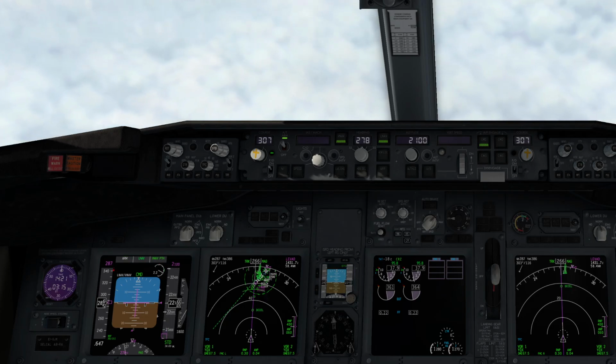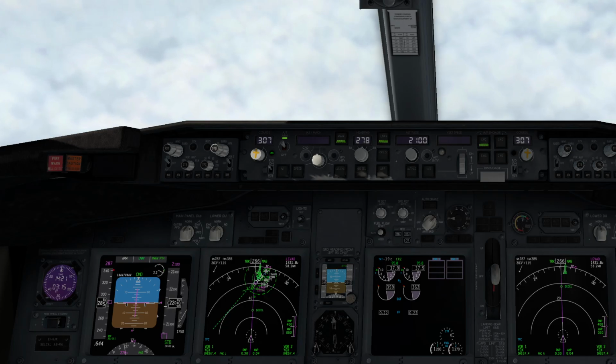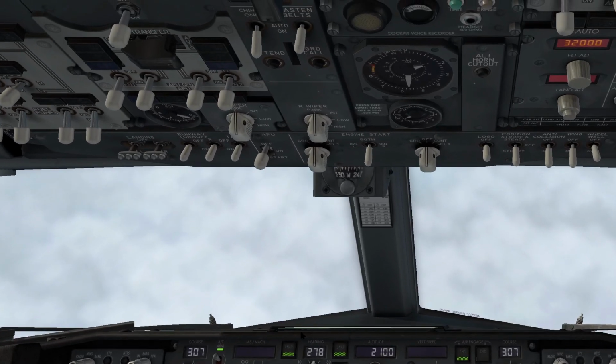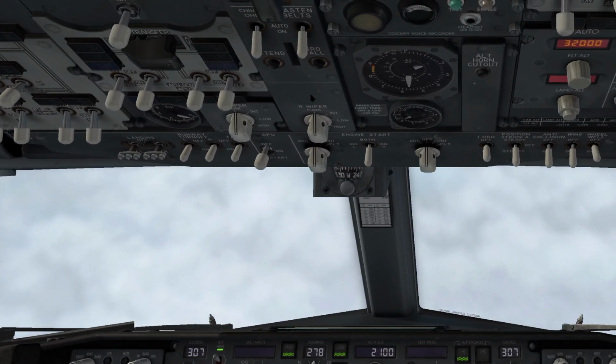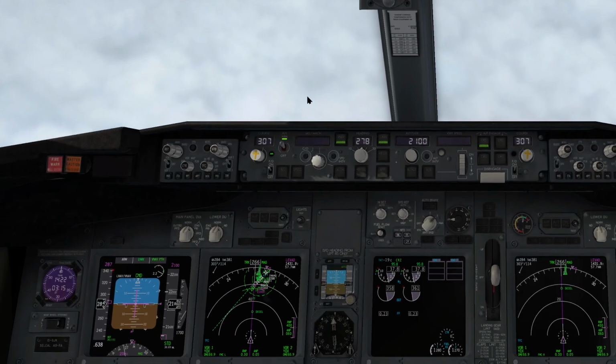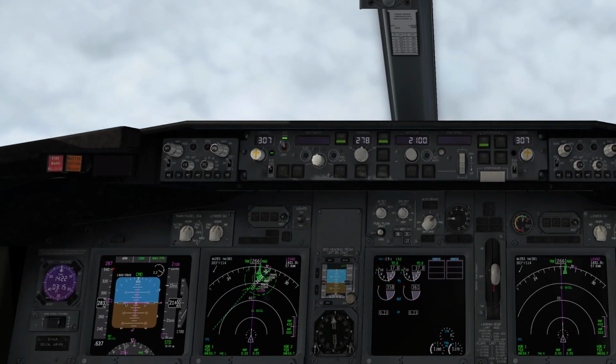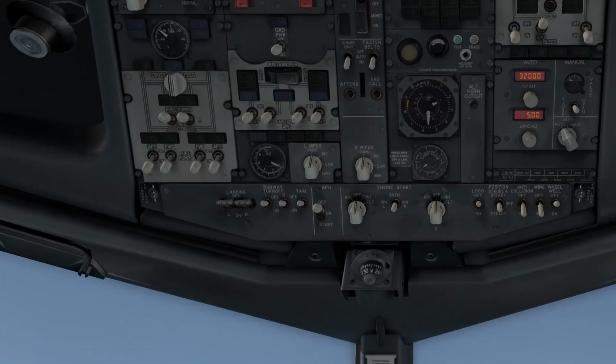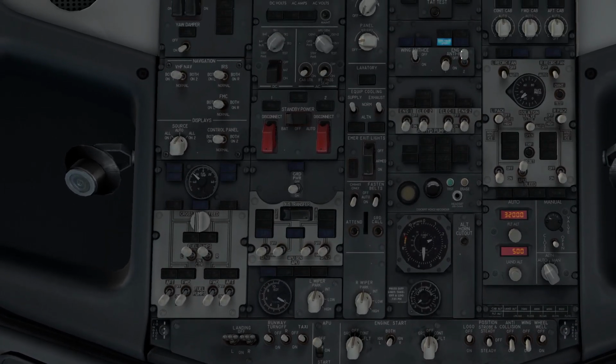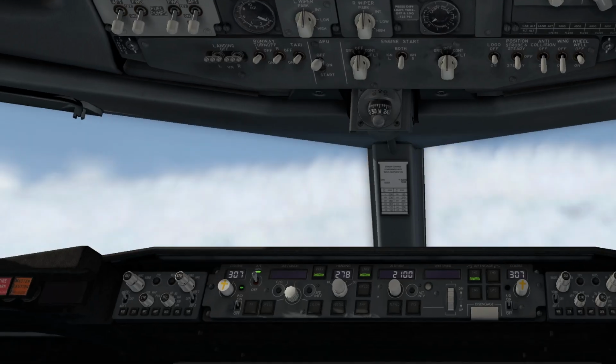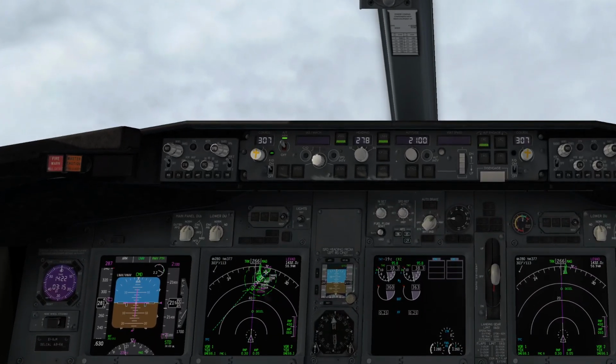We are passing now flight level 220, so probably seatbelt signs on. I'm wondering, we should also put some engine anti-ice, as the outside temperature is minus 19 degrees and we have lots of clouds.